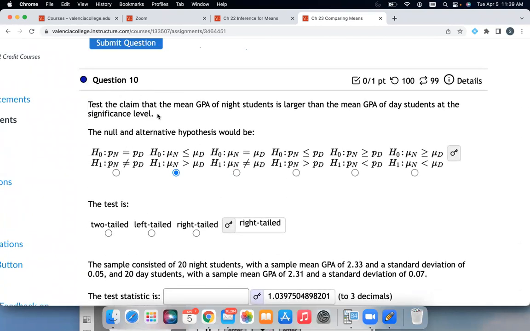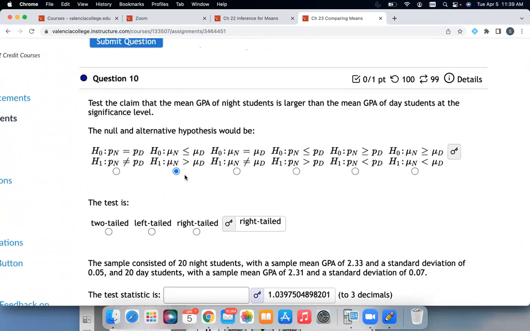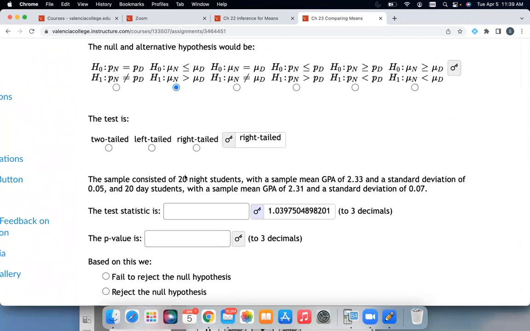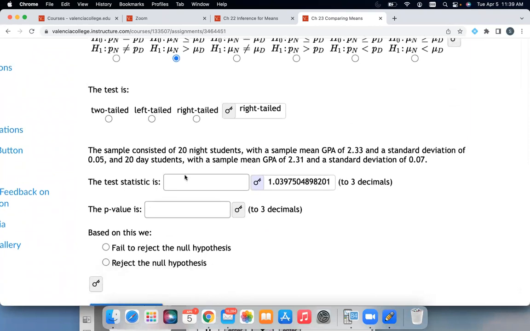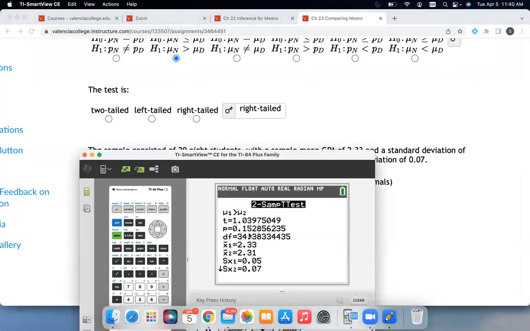It says at the significance level, and then they forgot to type a number. If they don't give me one, I'm going to use 5%, but it doesn't matter. The only alpha levels we really ever use are 1%, 5%, and 10%. That p-value is bigger than all of them.